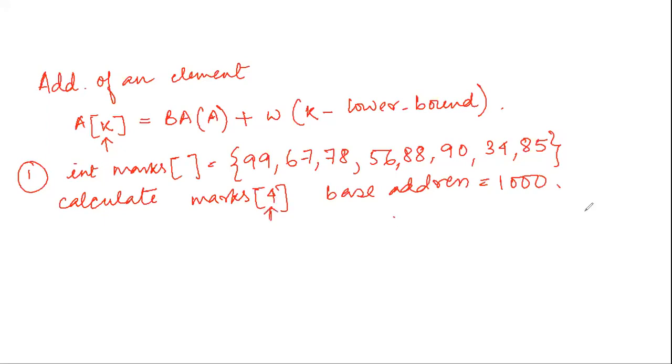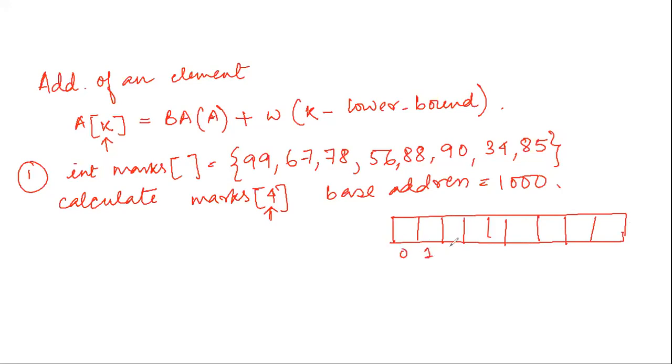So suppose this is my array. This is my 0th location, 1st location, 2nd location, 3rd location, 4, 5, and it keeps going. My numbers are 99, 67, and so on.